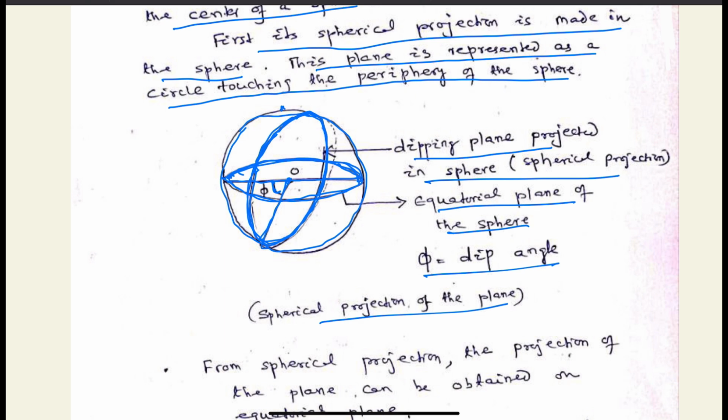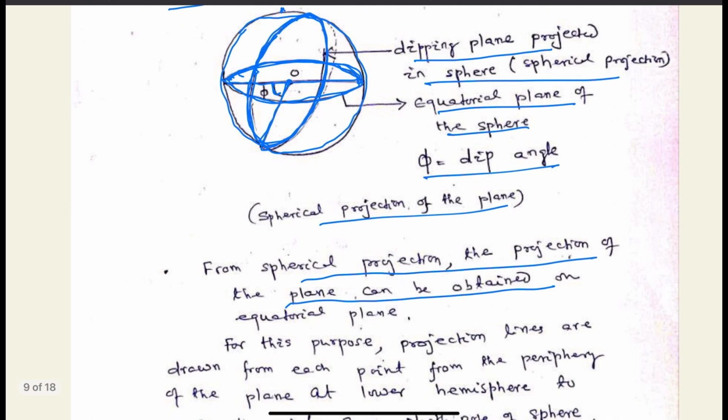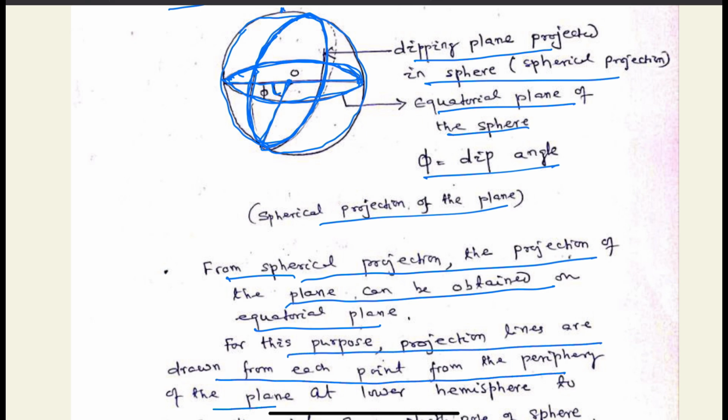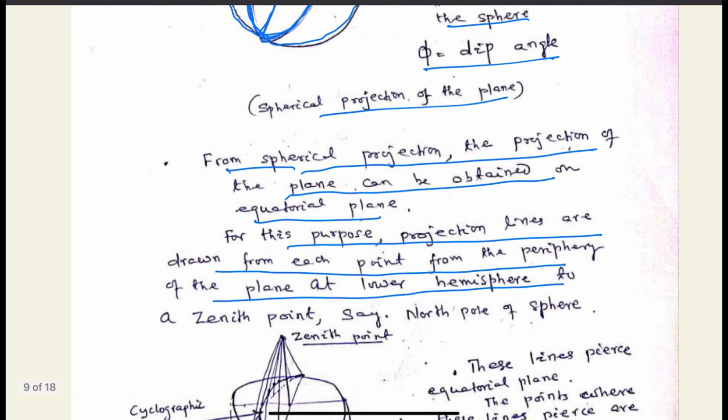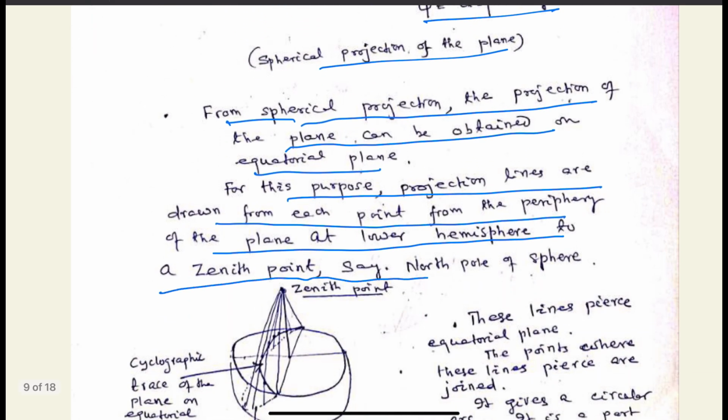Now, for spherical projection, the projection of the plane can be obtained on the equatorial plane. So, from this spherical projection, we can get the equatorial projection for this plane. How? For this purpose, projection lines are drawn from each point on the periphery of the plane at the lower hemisphere to the zenith point, say the north pole of the sphere.